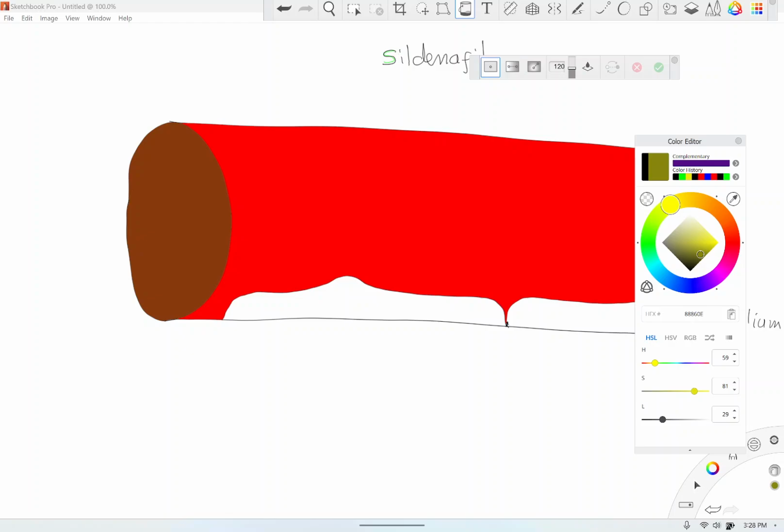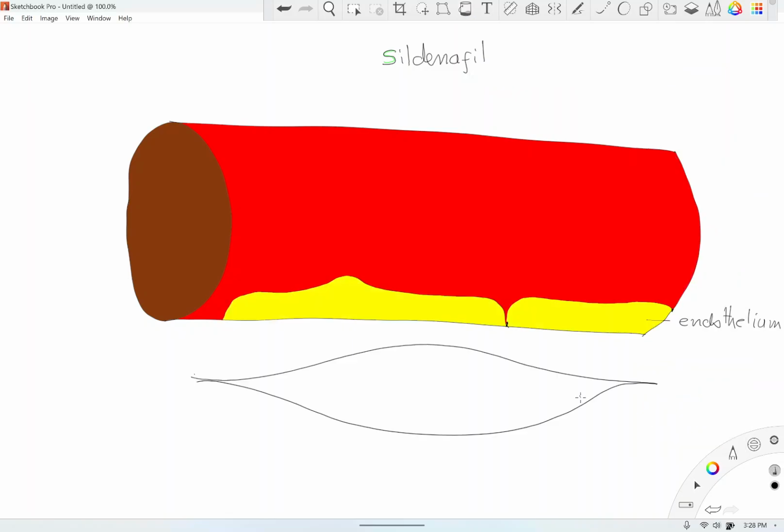So this is endothelium. And then just under the endothelium, we have spindle-shaped cells known as smooth muscle. So this is the smooth muscle cell. Okay, so two cells we're talking about.